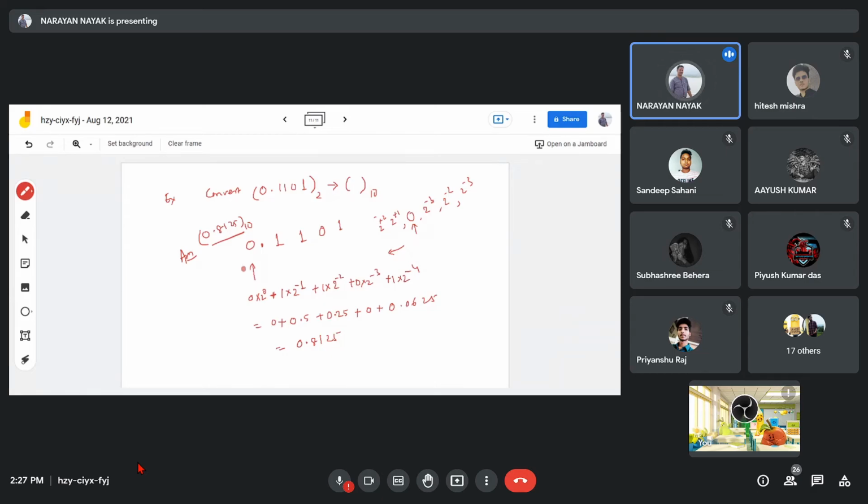Understood how to do this one? Okay. So this point is basically, let us say this is 1, 2, 3, 4, but while representing, you have to make it 2 to the minus 1, 2 to the minus 2, 2 to the minus 3, 2 to the minus 4, like this. But to this side, you have to mention 2 to the 0, 2 to the 1, 2 to the 2, like this.